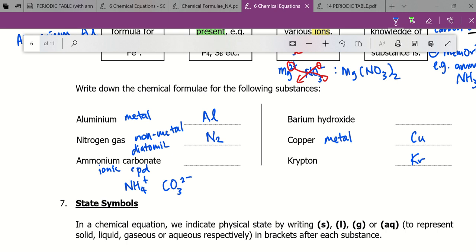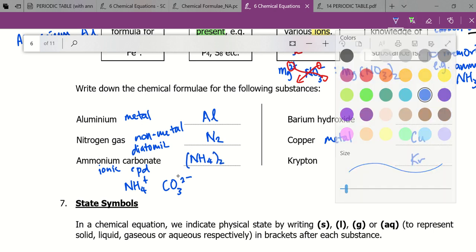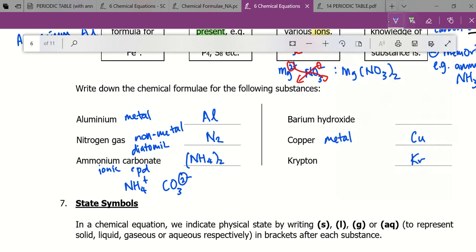So when I cross them, it will be NH4 in bracket 2, because the 2 was brought over to the ammonium, and then the other side with 1 being brought over to carbonate, it is just CO3. So the formula is (NH4)2CO3.